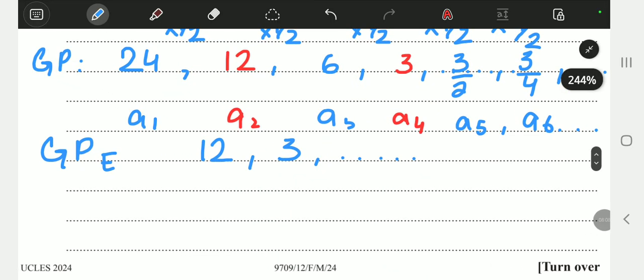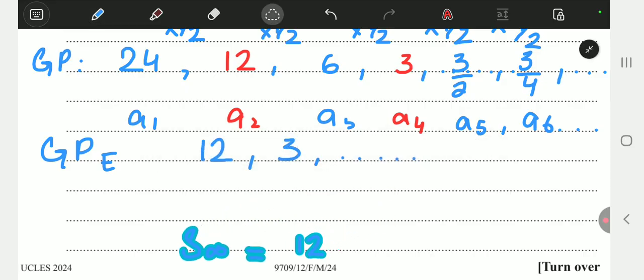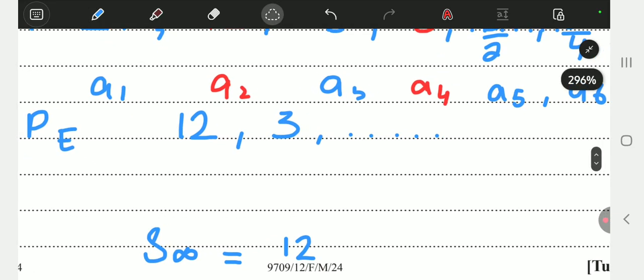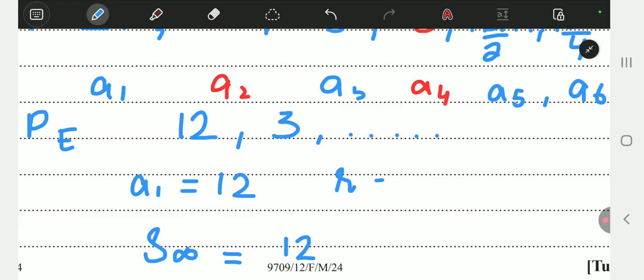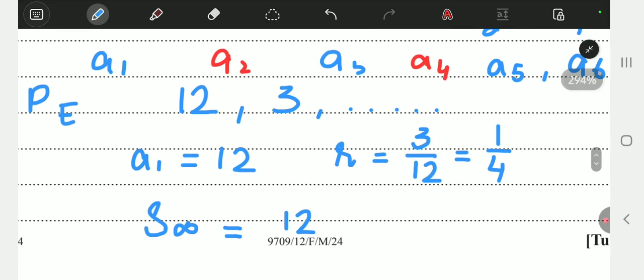So let's do sum to infinity, which is a1 over 1 minus r. So a is 12 here. First write the first term for it and the r for it. So a1 is 12 and r will be 3 over 12, that is 1 over 4.